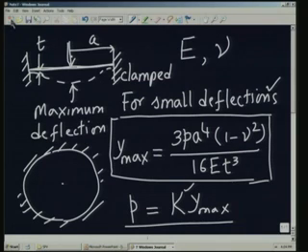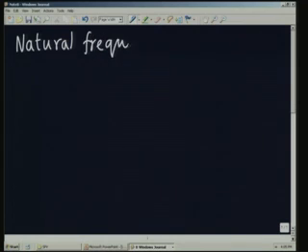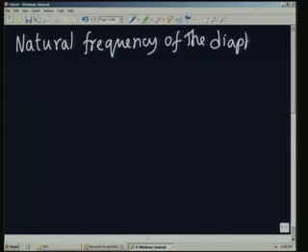The second formula I am going to give is something which is going to be useful: the natural frequency of the diaphragm. This will play a role in measurement of transient pressures, when the pressure is varying with respect to time.